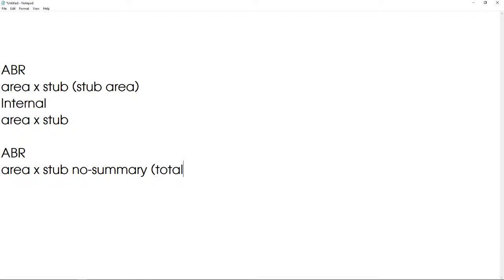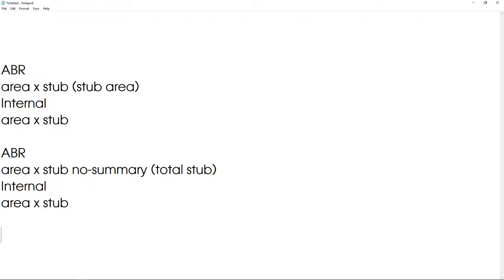And this is a totally stubby area. And then on the internal routers, you would just say area X stub. So you would only put the no-summary on the perimeter router, which makes sense because totally stubby is doing what? It's suppressing summaries. It's saying no summaries are allowed. That makes sense.